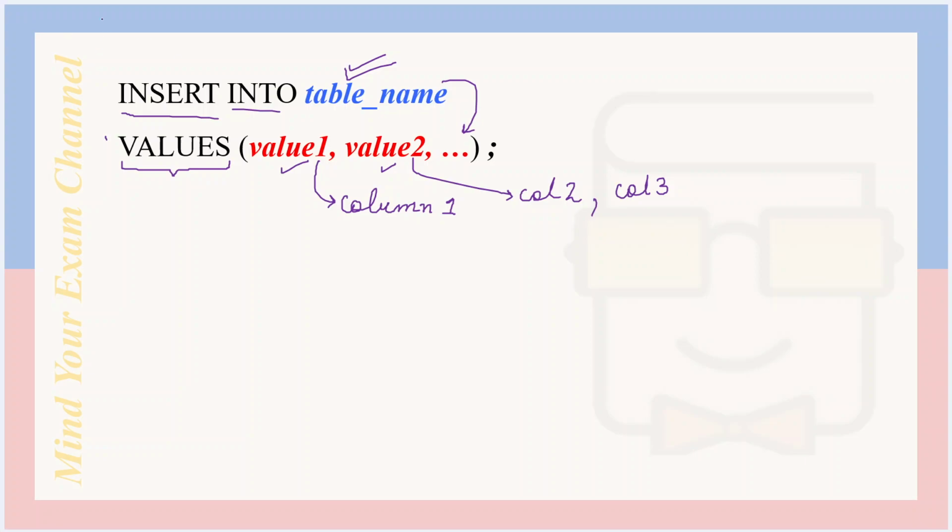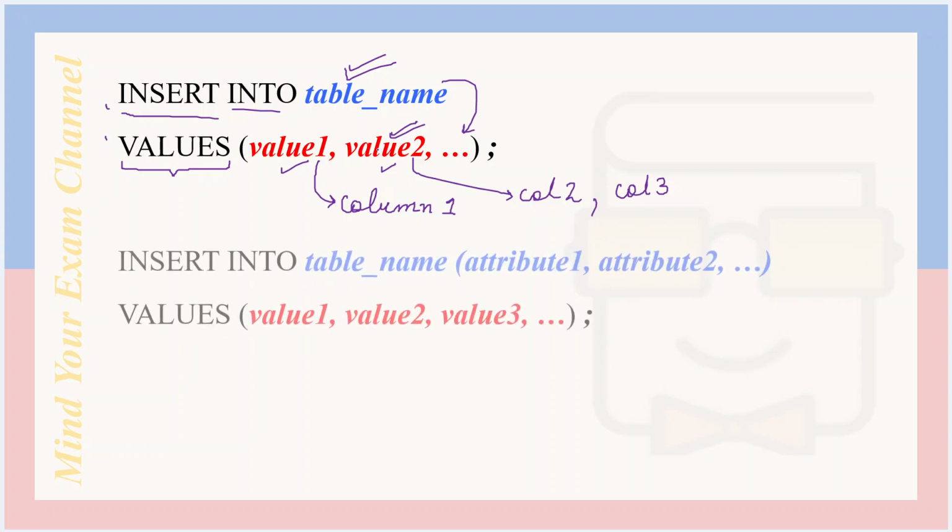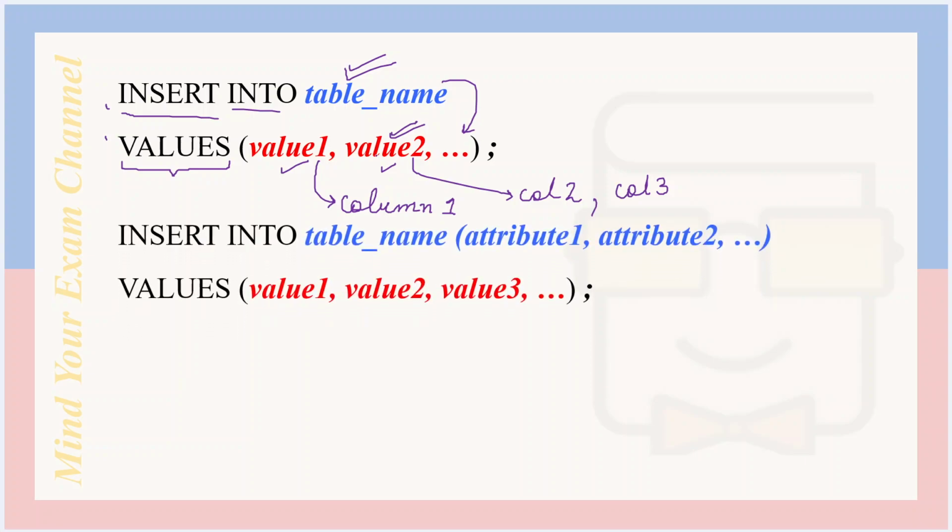So we are assuming that as many attributes or columns as are present in your table, the same number of values will be specified in these round brackets. For example, if you have 4 attributes in a student table, you will write 4 values to be inserted for each record into that table.